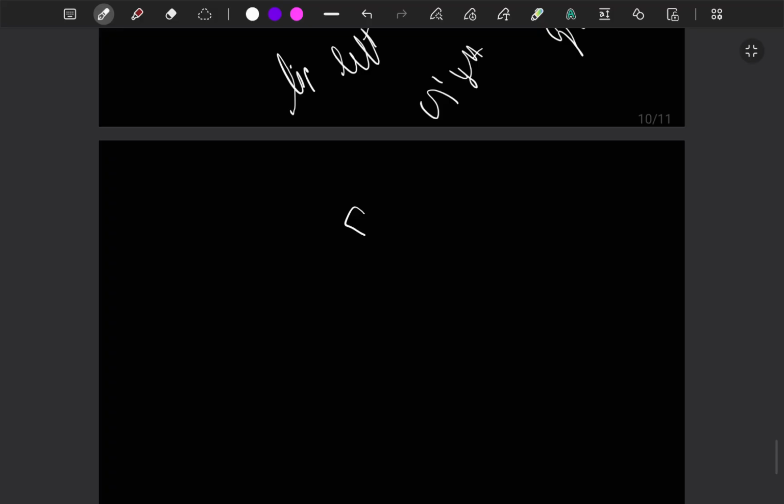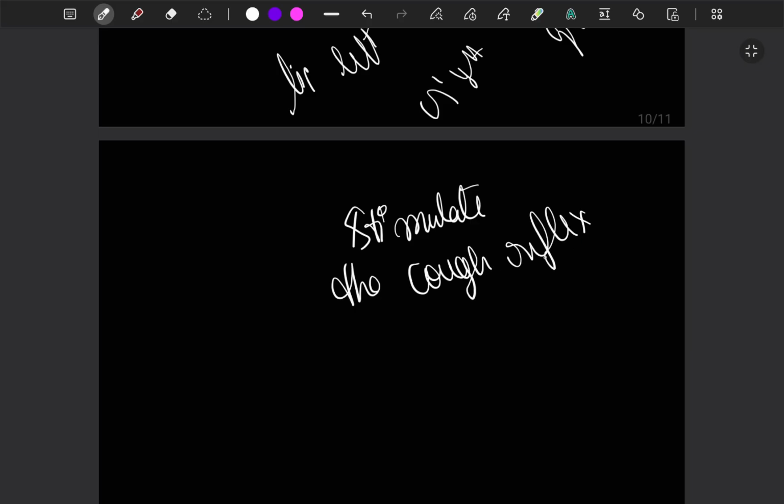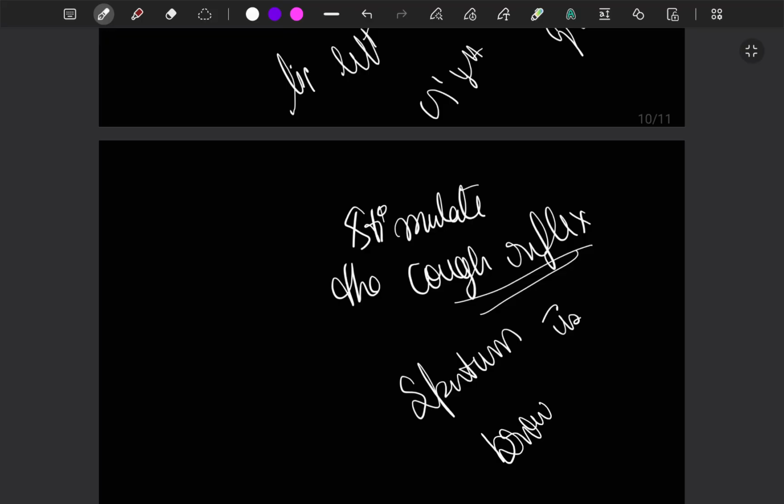It will stimulate the cough reflex, and the sputum is brought out. Right.